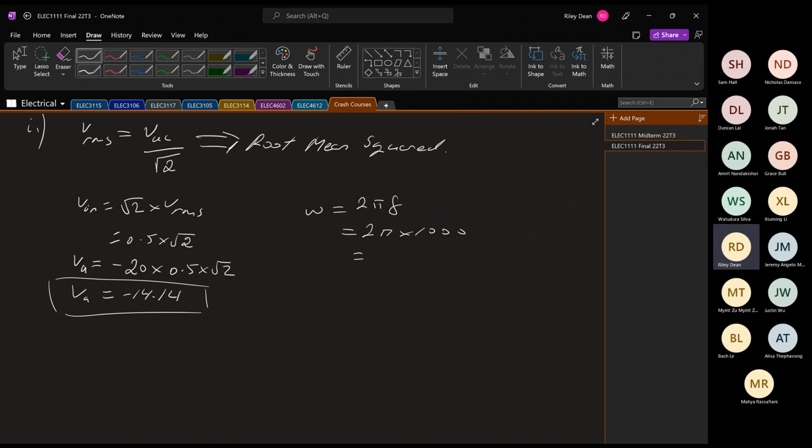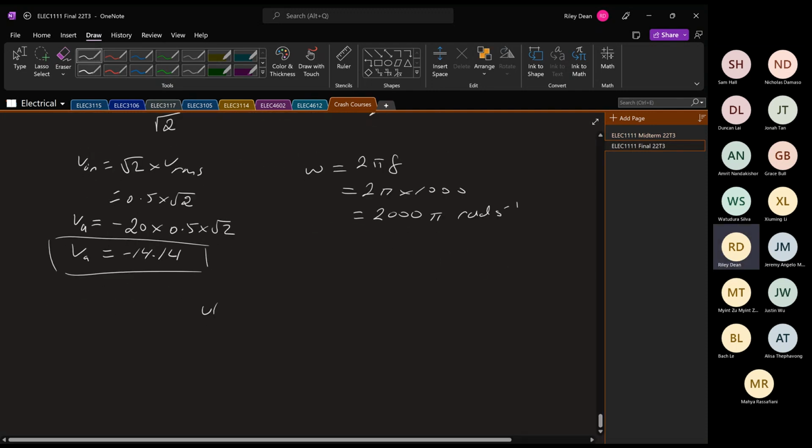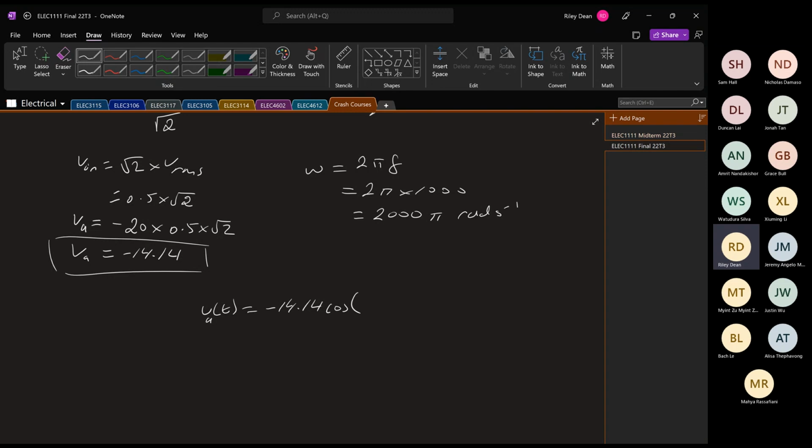So let's just say this is 2,000 pi, because it's much easier to leave it in terms of pi for these situations, and its unit is radians per second. Hence, we can say that VA(t) is equal to -14.14 cosine 2,000 pi t.